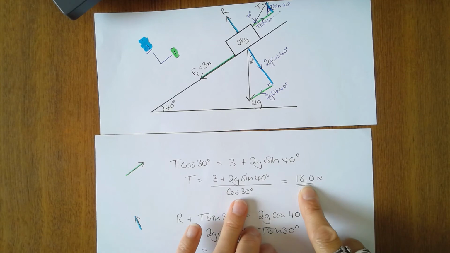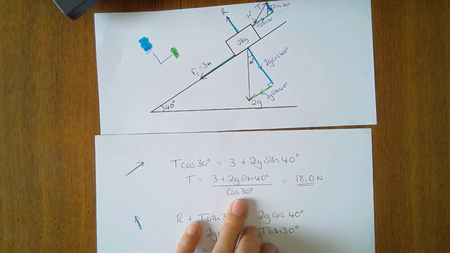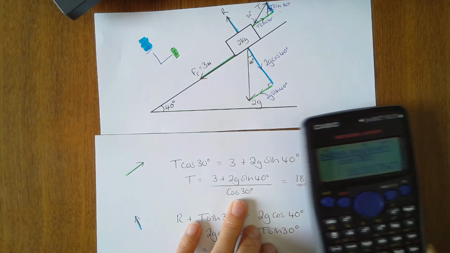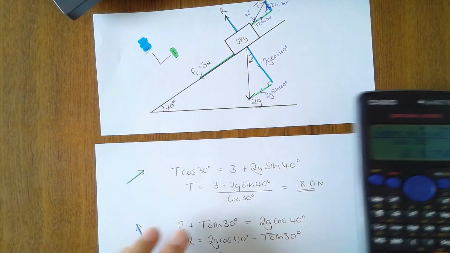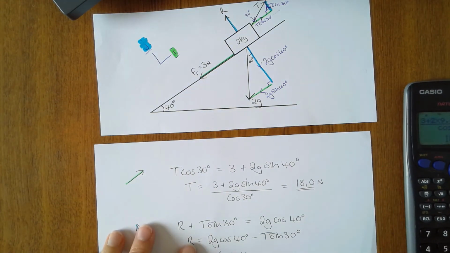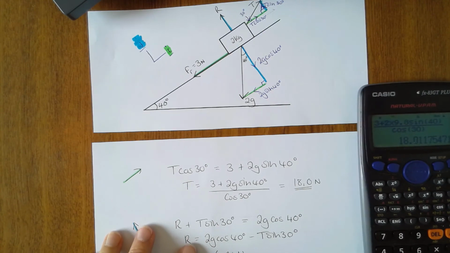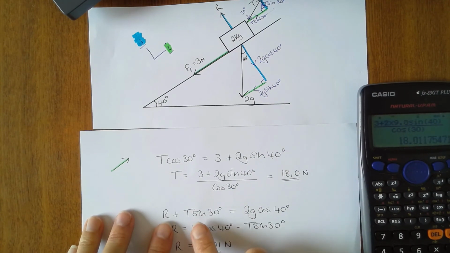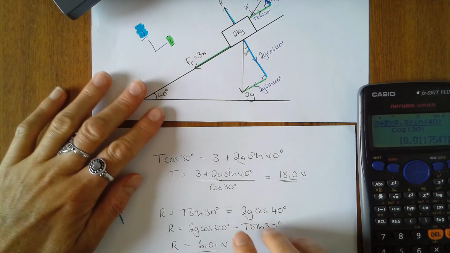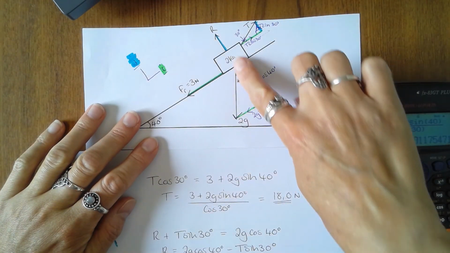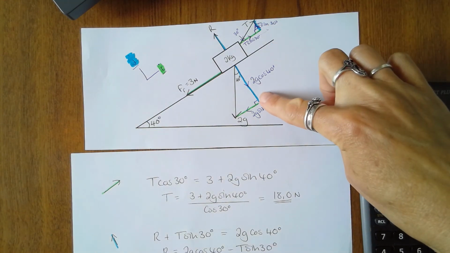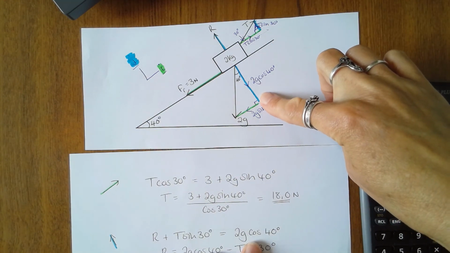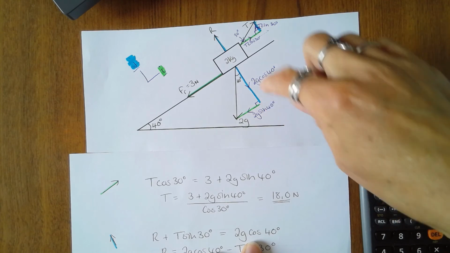Now I want to use that value exactly later, so I've put that into my calculator already and calculated that, as you can see, and that's now stored in my answer function. So perpendicular to the slope, I have R plus T sine 30 minus 2g cos 40 equals 0, with 2g cos 40 going downwards.